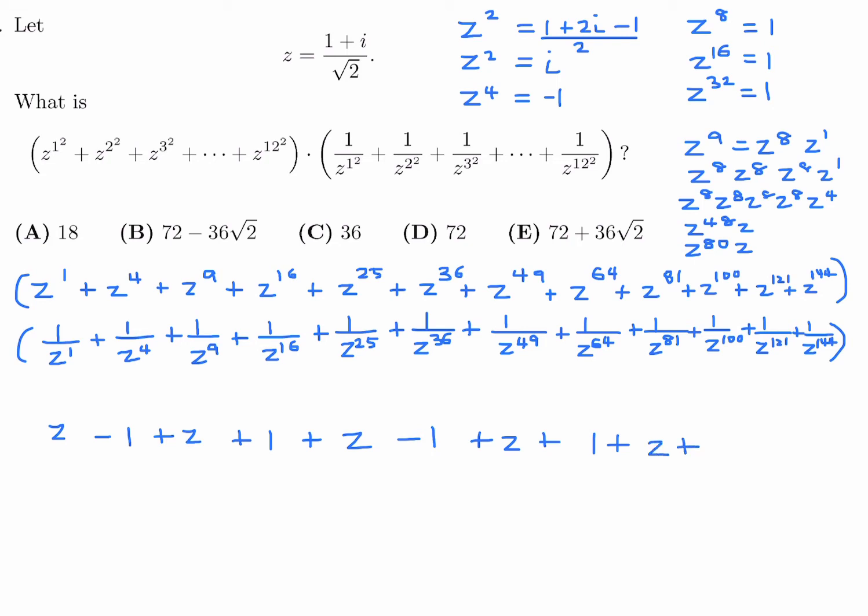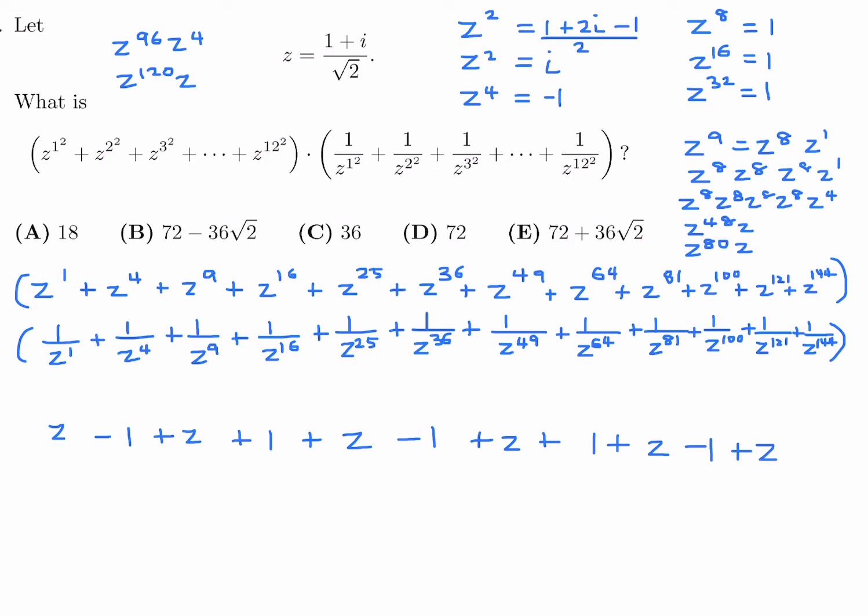And then z to the power of 100 is z to the power of 96 times z to the power of 4, and this is a multiple of 8, so that's 1 times negative 1, so negative 1 for z to the power of 100. And then z to the power of 121 is z to the power of 120 times z, so that's just going to be z, since z to the power of 120 will be 1, since it's a multiple of 8.